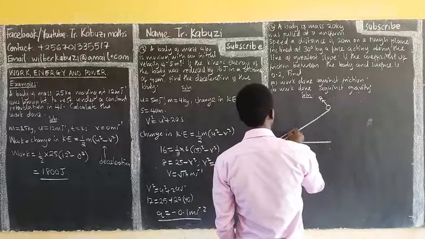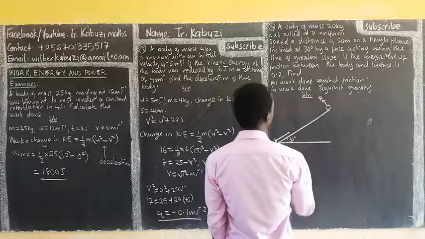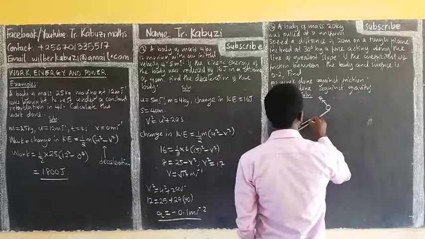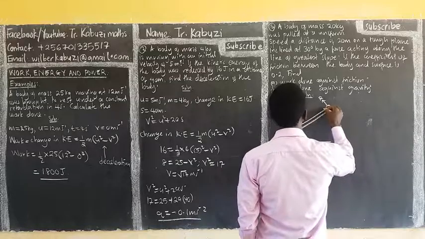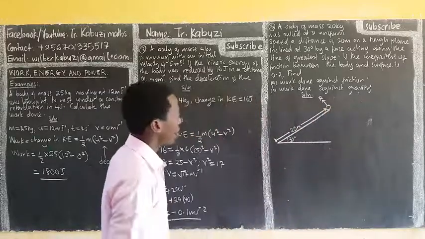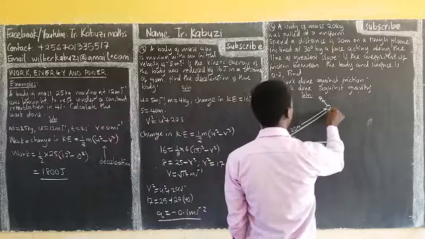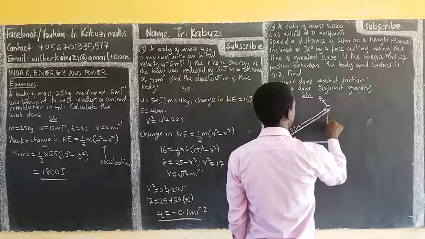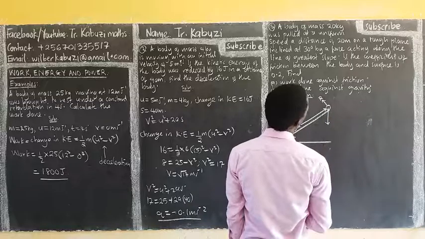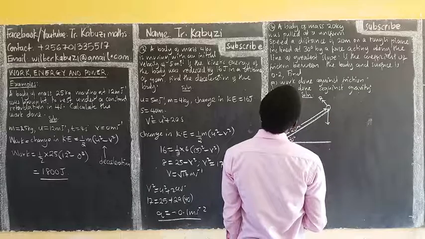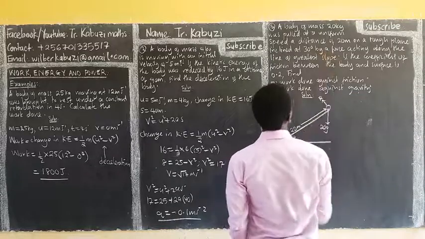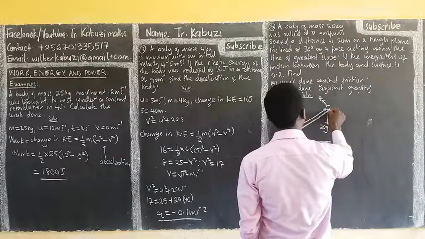So this body was moved a distance of 20 meters. That is our distance which this body was moving. Of course it's going to have some weight. This is going to be the weight of the body, which is 20 g, the mass times the gravitational acceleration.